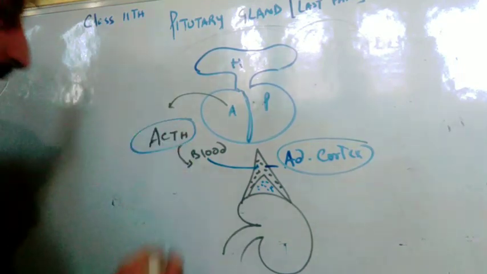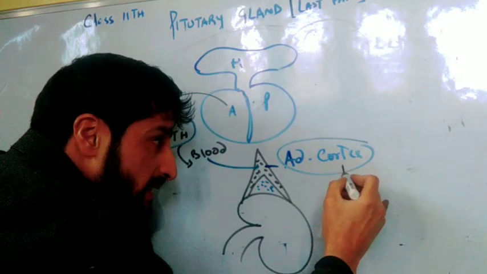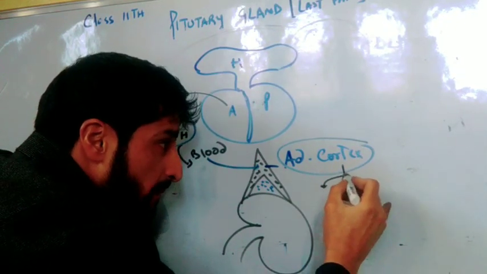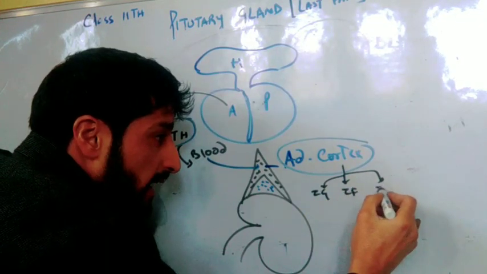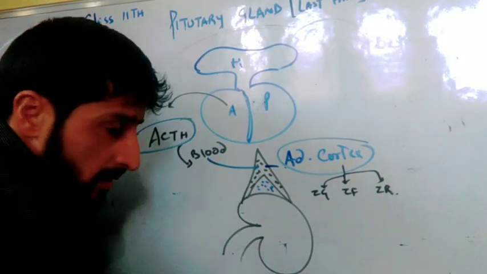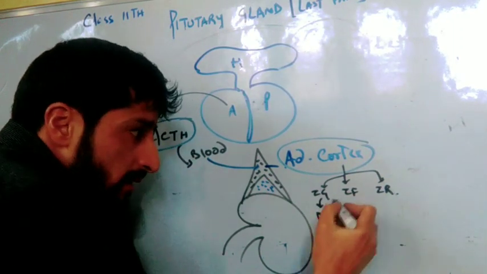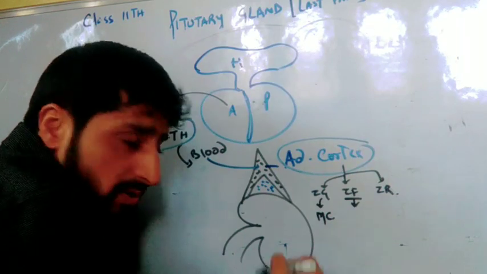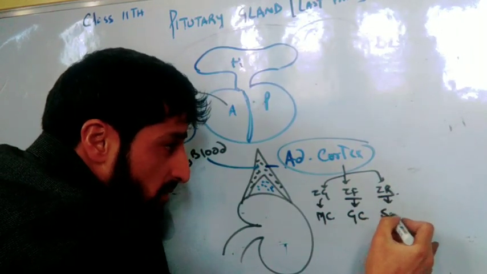Now, you have studied that the adrenal cortex contains 3 types of endocrine cells: zona glomerulosa, zona fasciculata, zona reticularis. Zona glomerulosa produces mineralocorticoids. Zona fasciculata produces glucocorticoids. Zona reticularis produces sex corticoids.